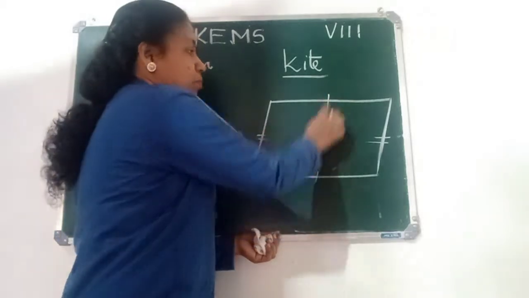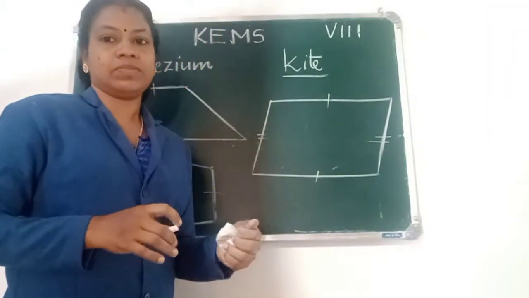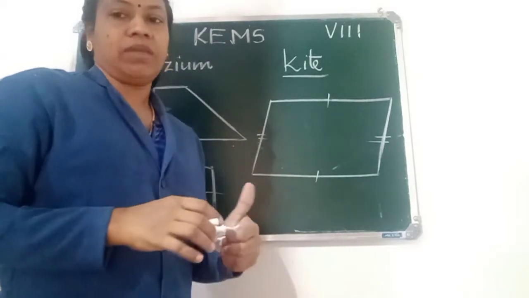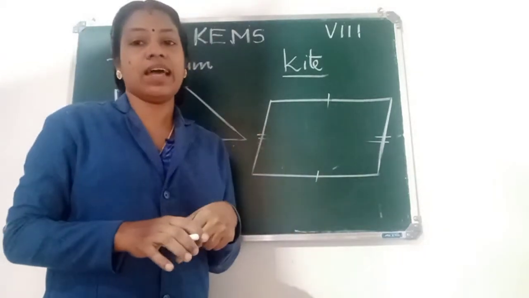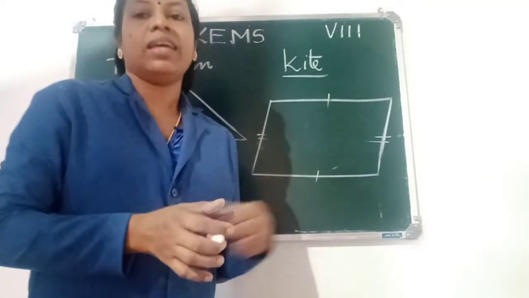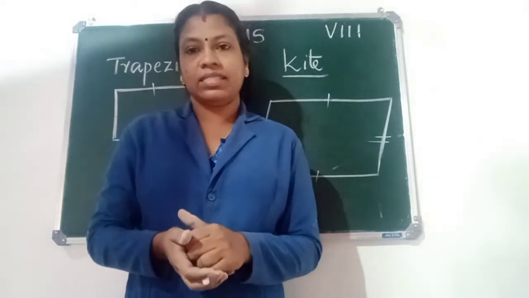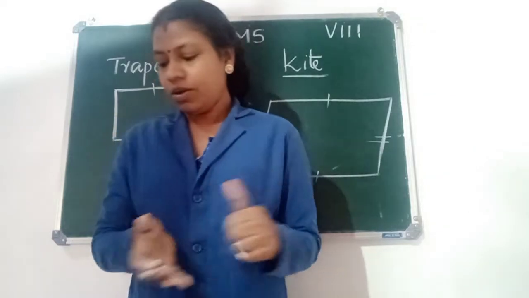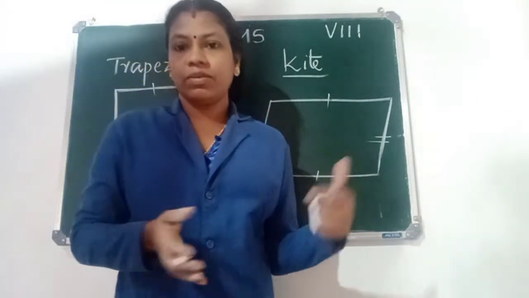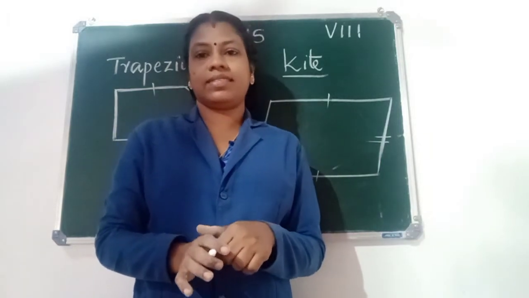So these two sides are parallel and these two sides are parallel. So in a parallelogram, opposite sides are equal. Then diagonals bisect one another. That's a parallelogram. Clear? Yes.